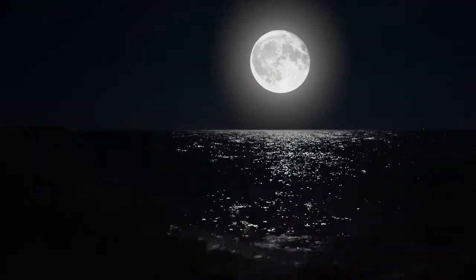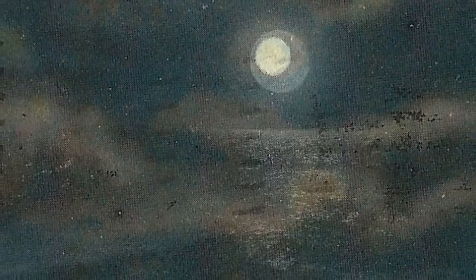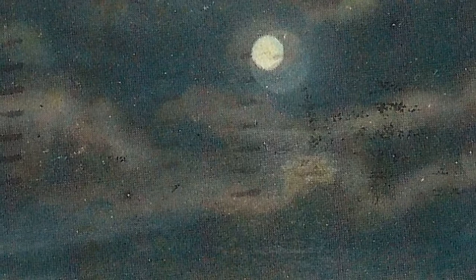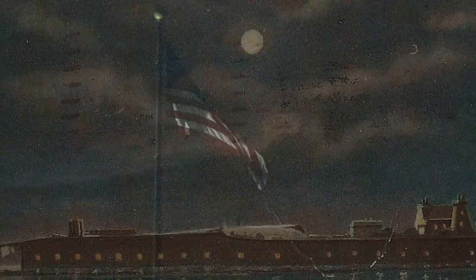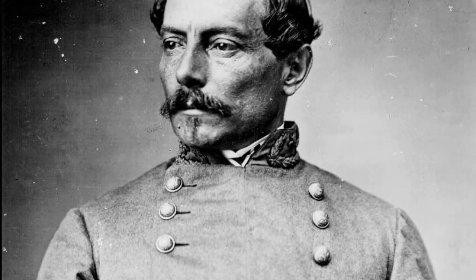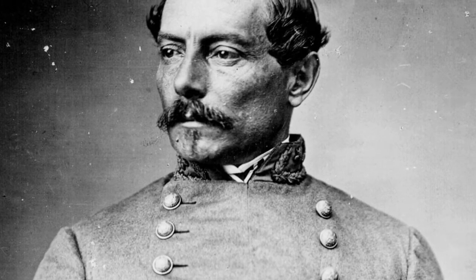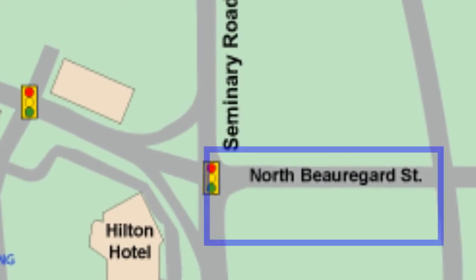On the morning of April 12, 1861, Fort Sumter was just a dark shape in Charleston Harbor, South Carolina. The United States flag flapped in the morning southern breeze. General Pierre G.T. Beauregard, yes, Beauregard Street in Alexandria is named for him.